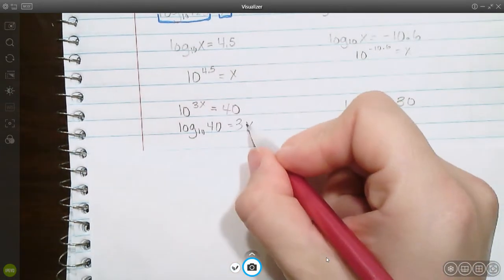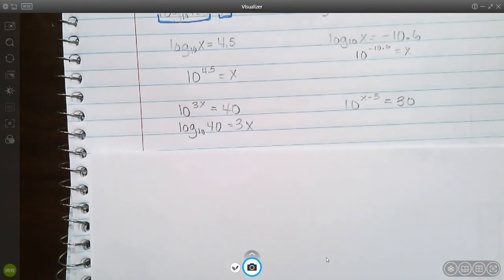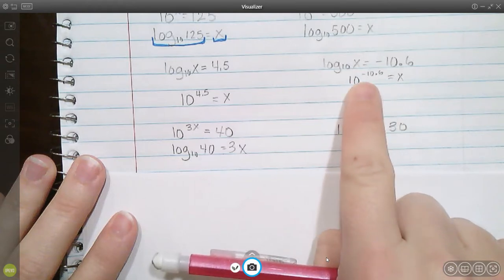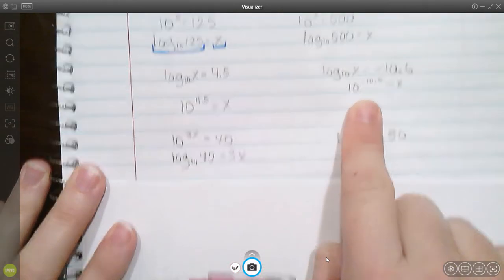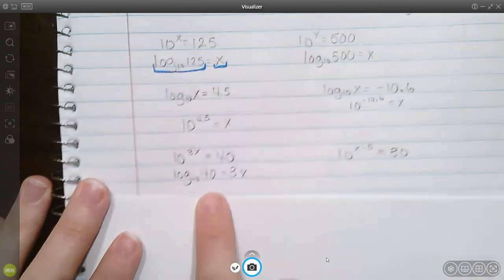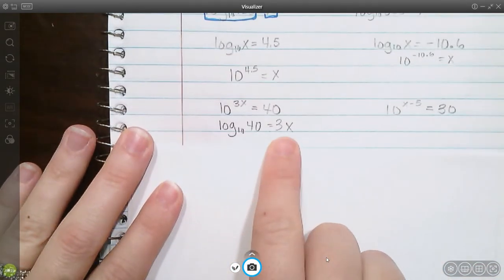Okay, so this one is not in calculator ready form because we don't have x by itself. Up here, as soon as we turned it into log form, we had x by itself. But on this one, you have this 3 with your x.